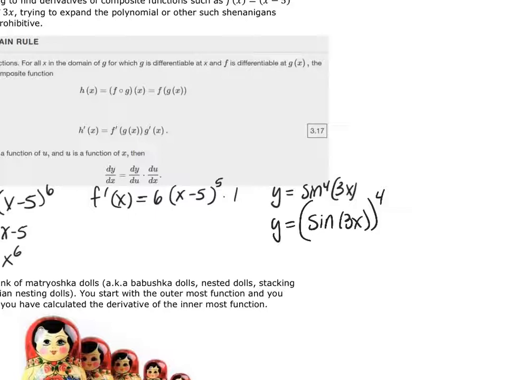Now this is a triple one. My most inner function, r of x, is 3x. That's my most inner function. My function expanding out, g of x, is the sine of x. My most outer function is x to the 4th.